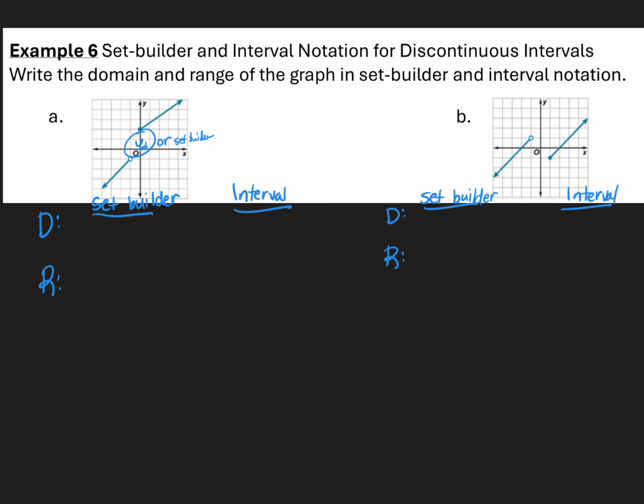So, domain, it's going forever to the left. What is that ordered pair? -1, -1. And then this ordered pair is 0, 2.